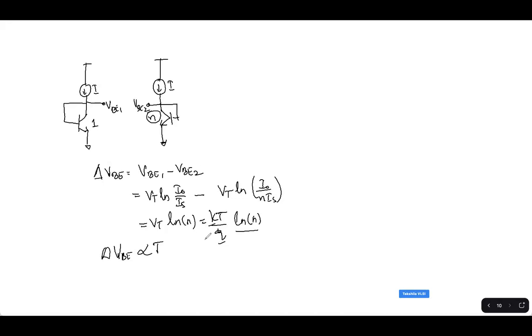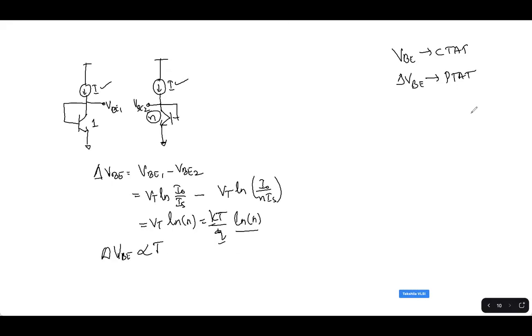So we saw that VBE was CTAT, but del VBE, especially when both currents are the same, is a PTAT voltage. So we got both, CTAT and PTAT.